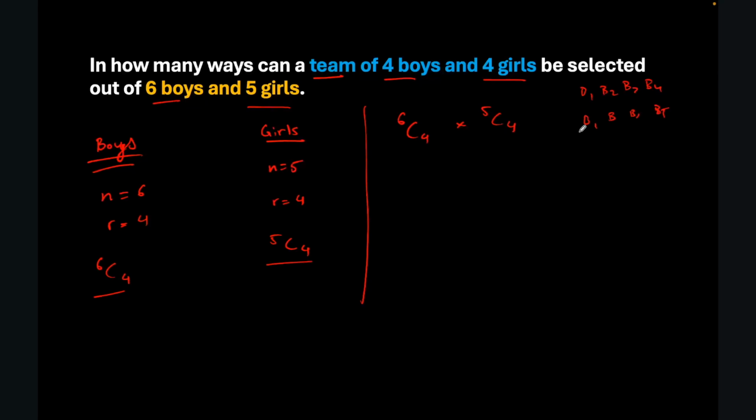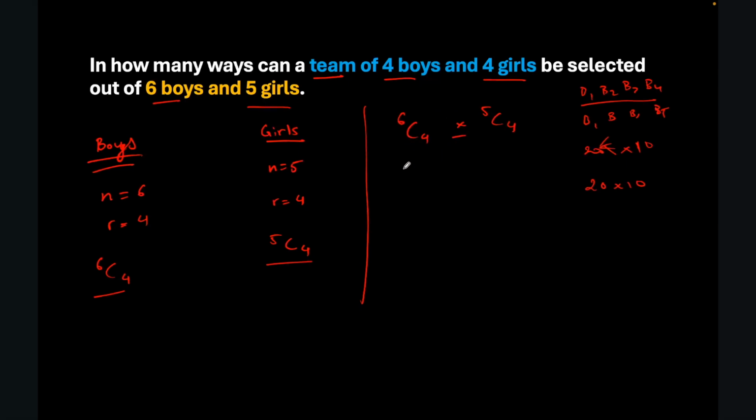There can be about 20 such different selections. Same for girls. Each of these boy selections can match with each of the girl selections. Let's say there are 20 boy selections and 10 girl selections. Each of the 20 boy selections can match with each of the 10 girl selections, so 20 times 10. That is why we multiply each boy selection with the girl selection.